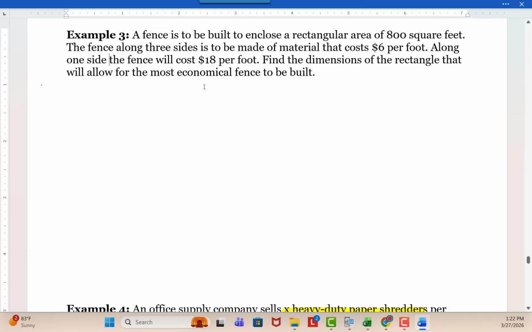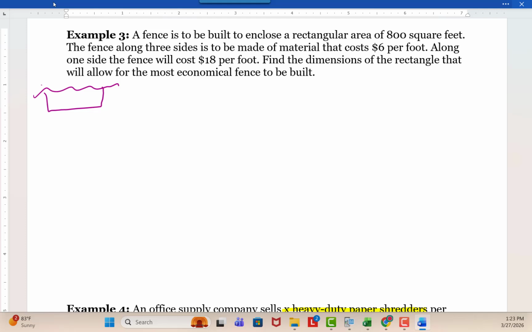Find the dimensions of the rectangle that will allow for the most economical fence to be built, or basically we want to minimize our cost. First thing I need to do is sketch a little picture. This is the fence that we're talking about, and that little wavy line represents the fancy side.